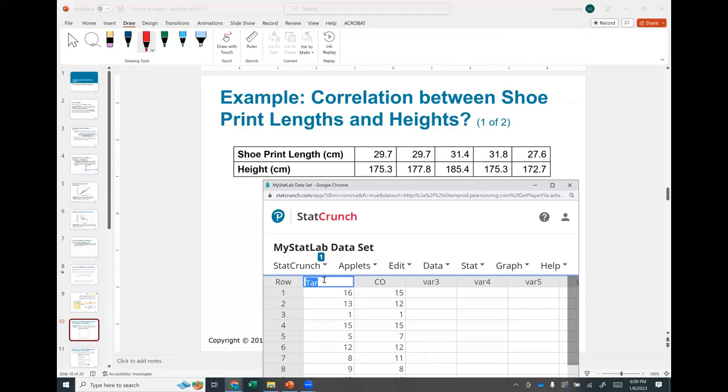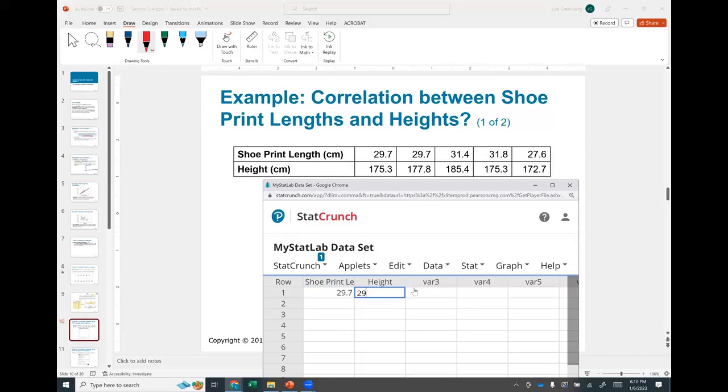Okay, so this is going to be shoe print length. And this is height. And let me get rid of all of this. I don't know how far down that goes. Oh, so it goes further. Okay. Yeah, that's it. All right. So first point is my X is going to be 29.7.